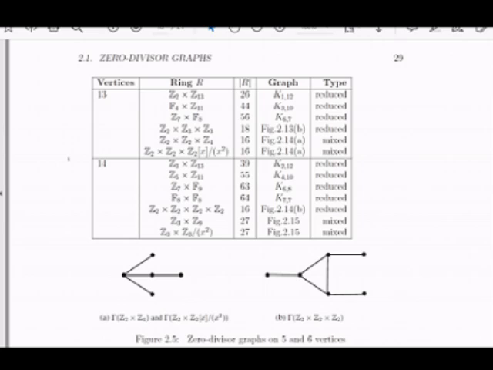Out of these many simple connected graphs with 14 vertices, there are only six non-isomorphic graphs that are realized, and these are the rings.